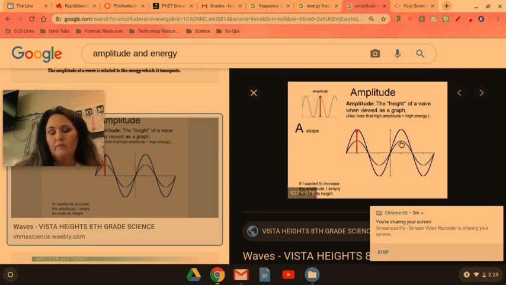Again, you can have the same frequency, but different amplitude. Okay, so amplitude can provide some information about energy. Frequency can provide some information about energy, but amplitude and frequency are not related. Okay?